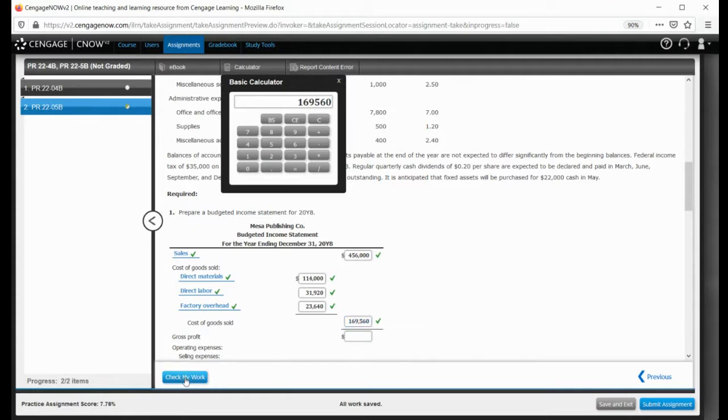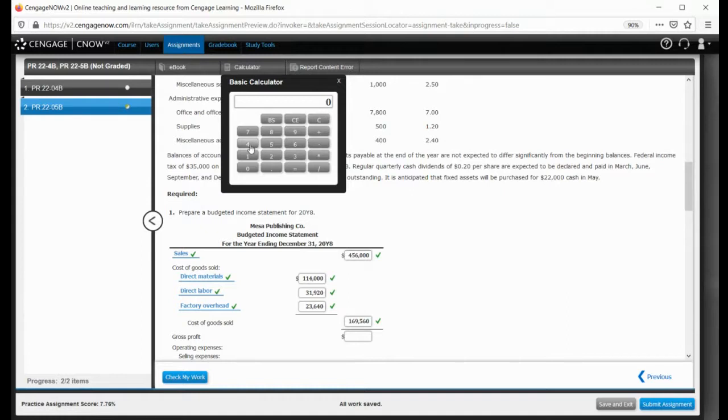Your total cost of goods sold is 169,560. That was the total of each one of the manufacturing costs added together. All of this combined is 169,560.